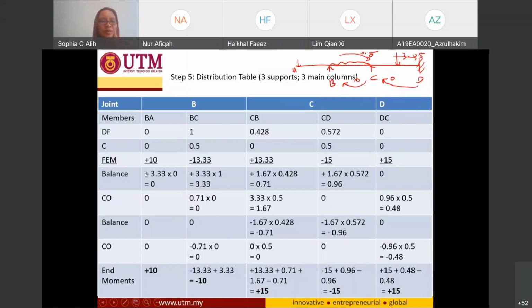And you also have the fixed end moments that you have calculated. So for BA, how much is the fixed end moment? BC, CB, CD, and DC.